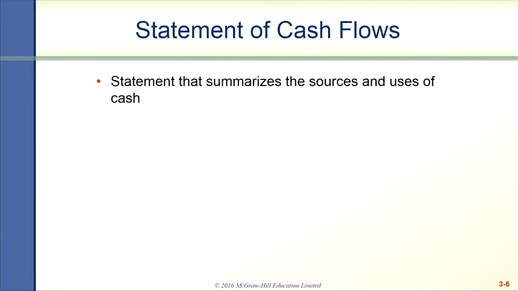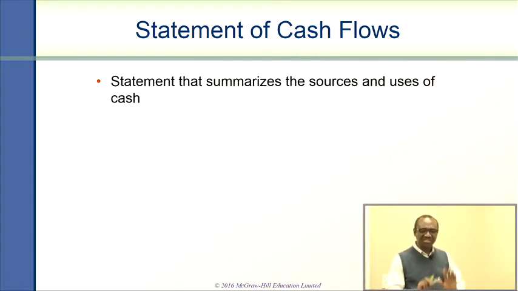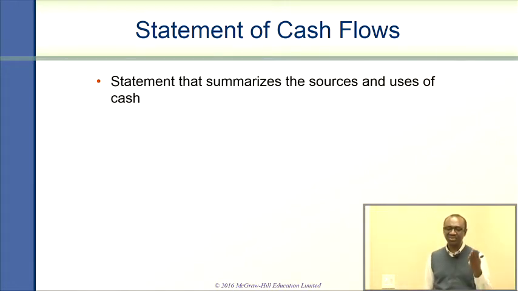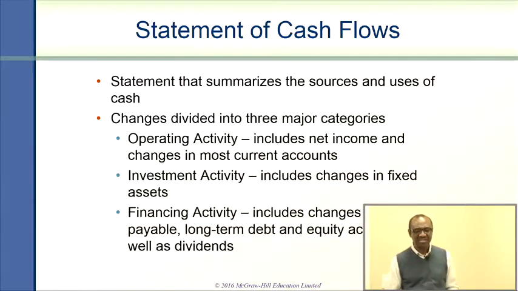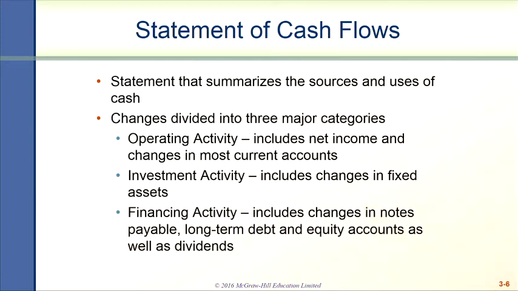So our statement of cash flow, therefore, summarizes both the sources and uses of cash. And as such, this statement will look at three main areas of companies' activities. The first one will be looking at operating activity. This operating activity includes the net income and also the changes in most of the current accounts.